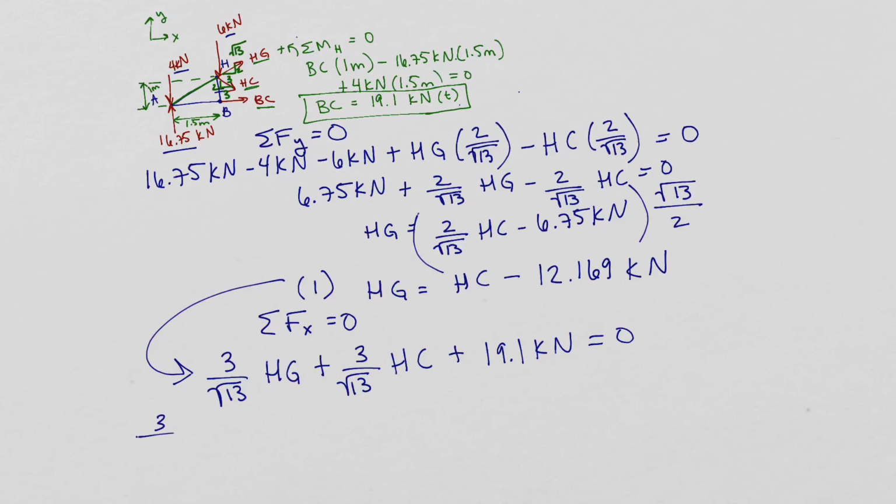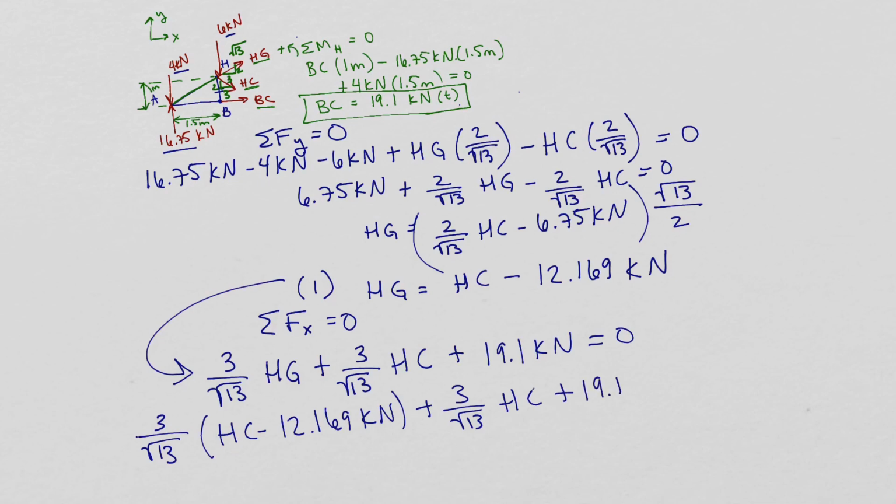So that'd be 3 over the square root of 13 times Hc minus 12.169 kilonewtons plus 3 over the square root of 13 Hc plus 19.1 kilonewtons equals 0. So now we can solve for Hc. I'm going to pause it and do the calculation, and y'all can also.